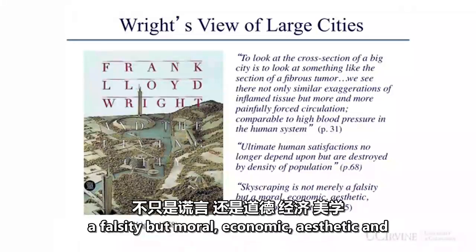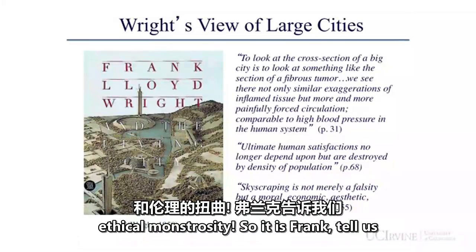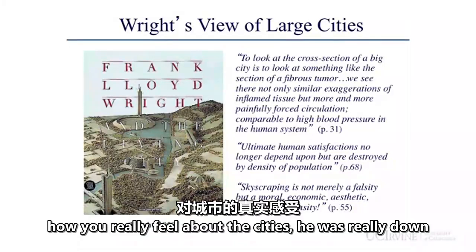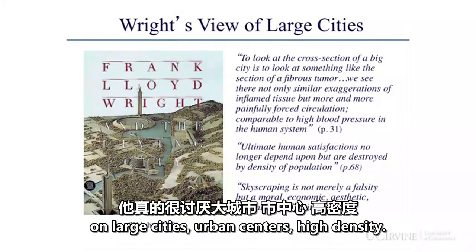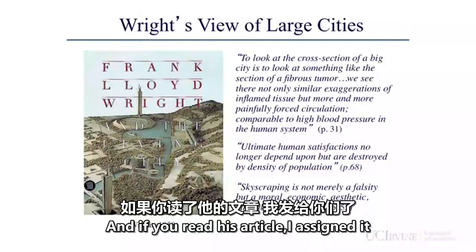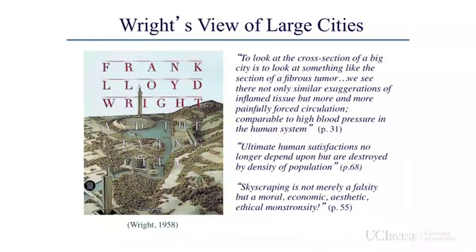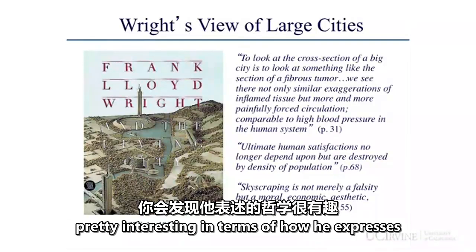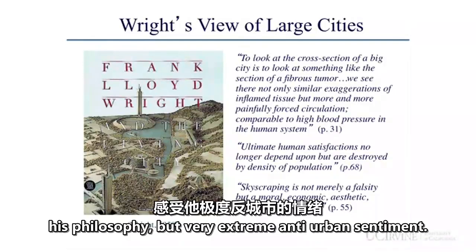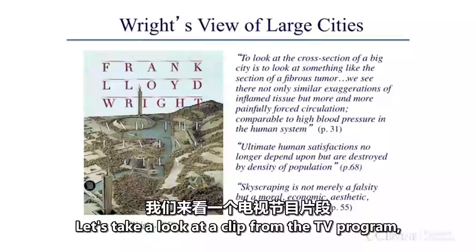Skyscraping is not merely a falsity, but a moral, economic, aesthetic, and ethical monstrosity. So it's like, Frank, tell us how you really feel about cities. He was really down on large cities, urban centers, high density. If you read his article, I assigned it because the writing is so colorful, I think you'll find it pretty interesting in terms of how he expresses his philosophy. But very extreme, anti-urban kind of sentiment.